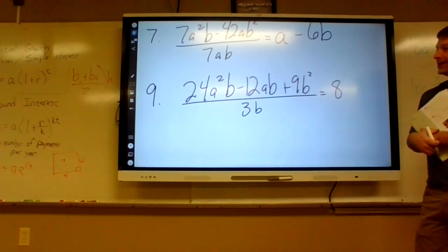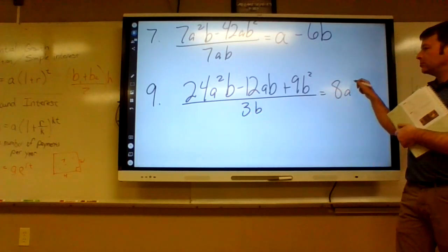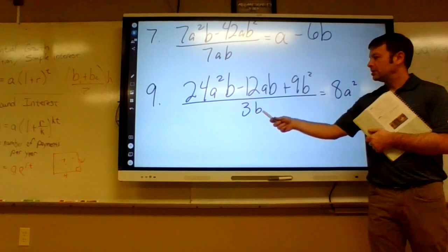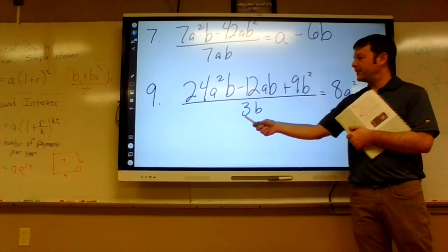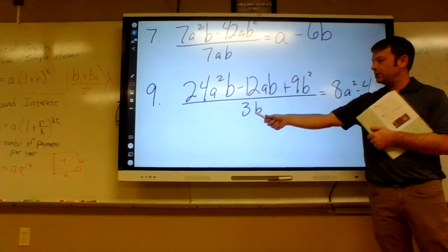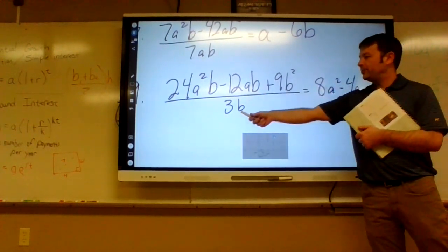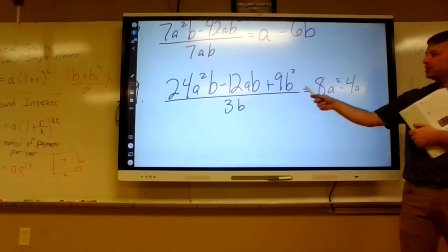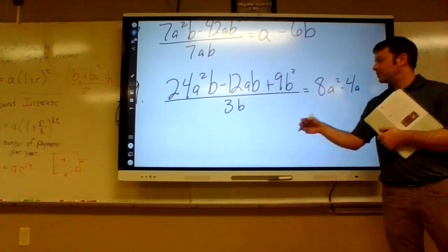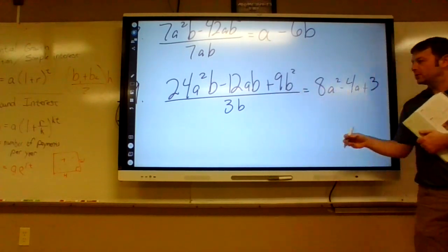What's going to happen to the a squared? Stays. B divided by b, gone. Minus 12 divided by 3. Minus 4. A's still there. B divided by b, gone. Plus 9 divided by 3. B squared divided by b.